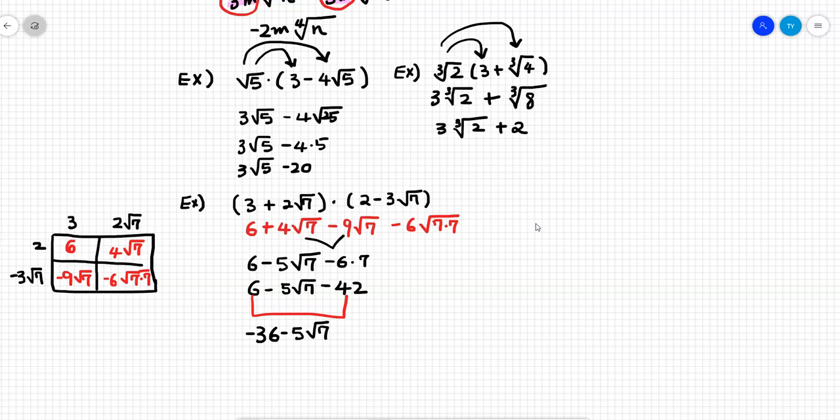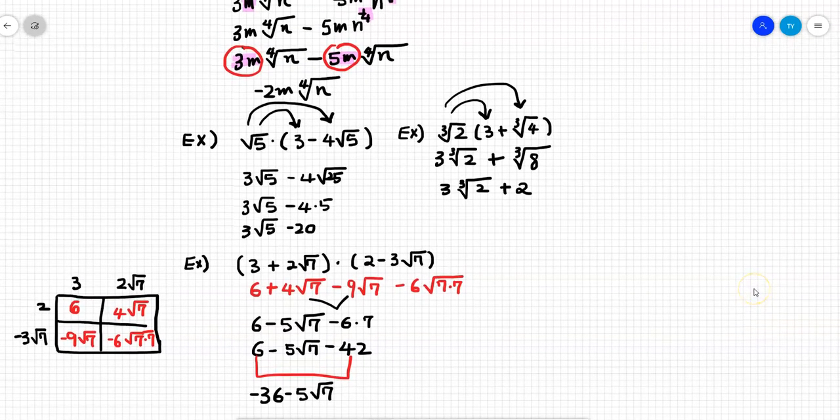Unlike adding and subtracting, where we don't really do anything to the radicand once it is the same and just take care of the quantity in the front, when you multiply the radicals, you actually multiply the radicands.